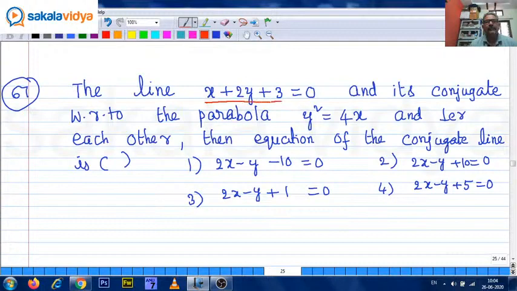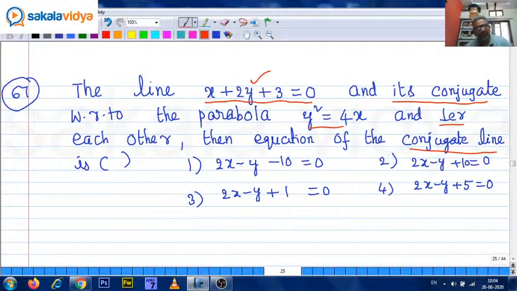The line x plus 2y plus 3 equals 0 and its conjugate with respect to the parabola are perpendicular. Then find the equation of the conjugate line. That means the two conjugate lines are perpendicular to each other. First step is to write the equation of any line perpendicular to x plus 2y plus 3 equals 0.